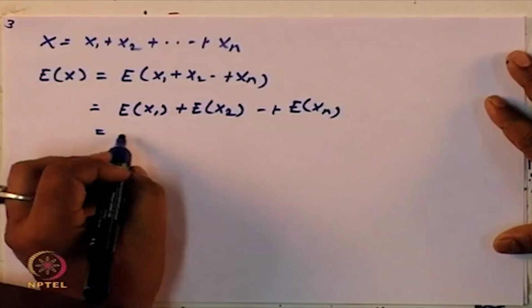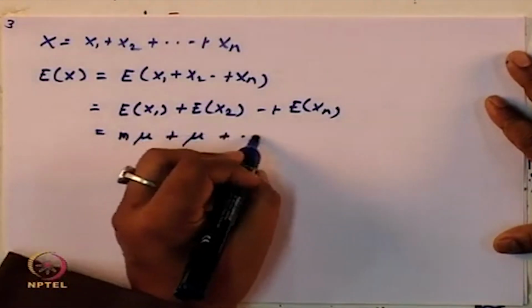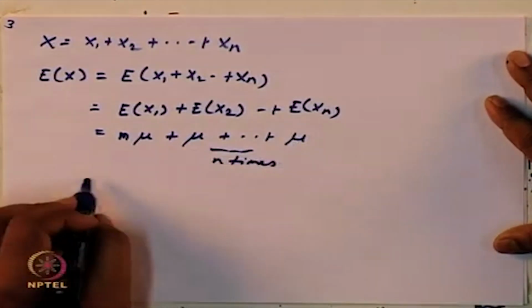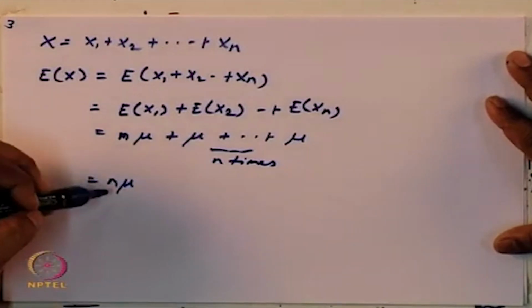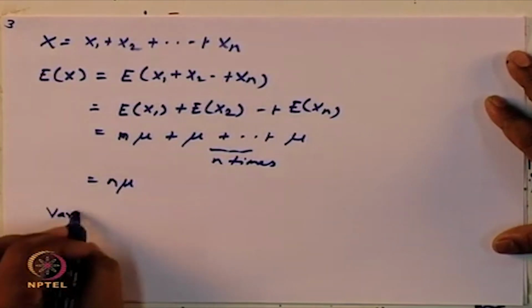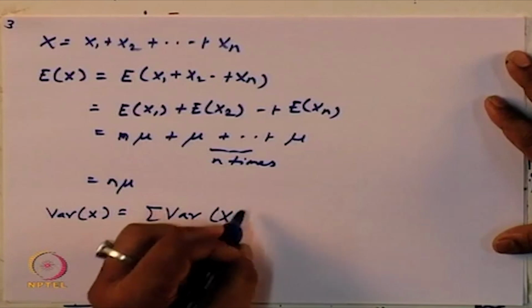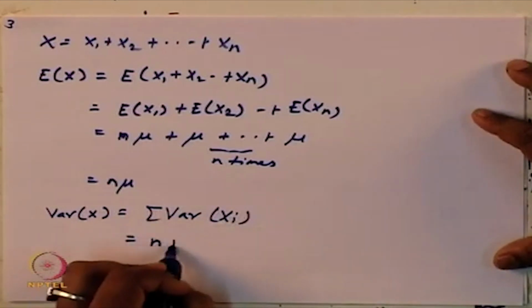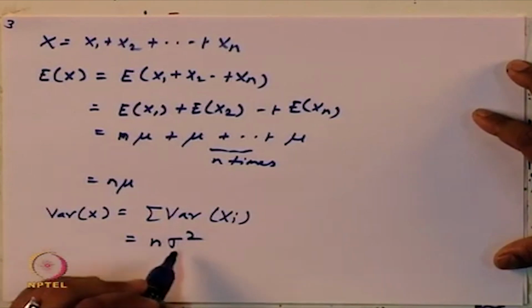So, this is mu plus mu plus mu, n times. That is why the expectation of x is simply equal to n mu. By the same token, variance of x is equal to the summation of variance of xi, again because these random variables are independent, and so I will get n times sigma square.